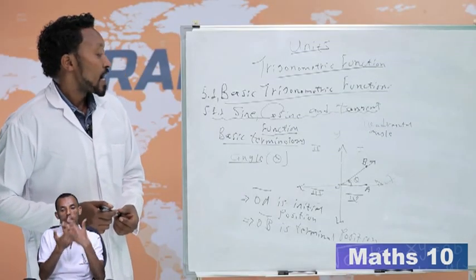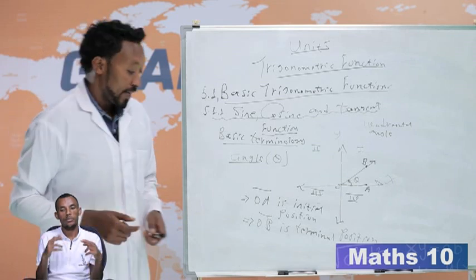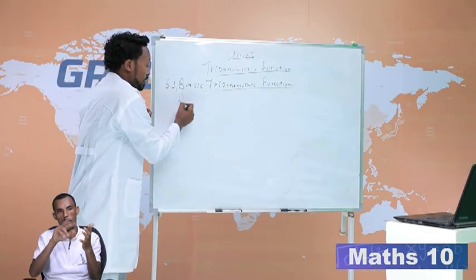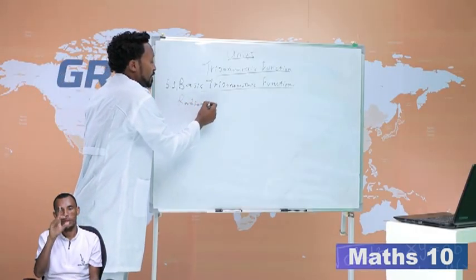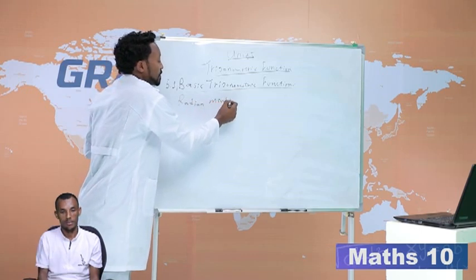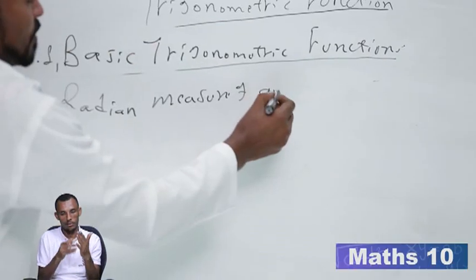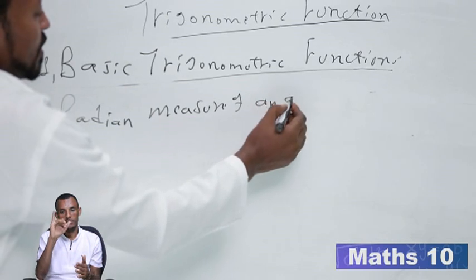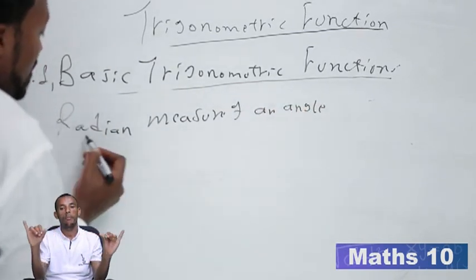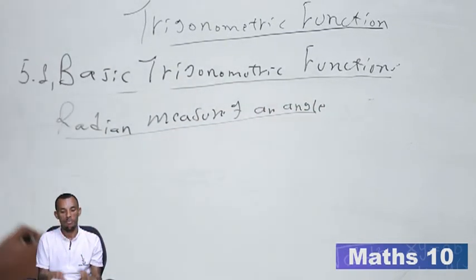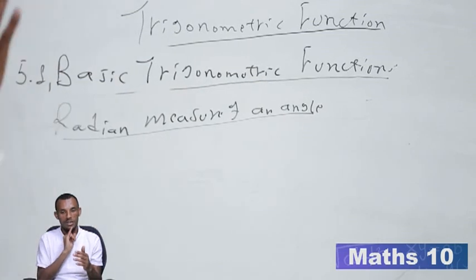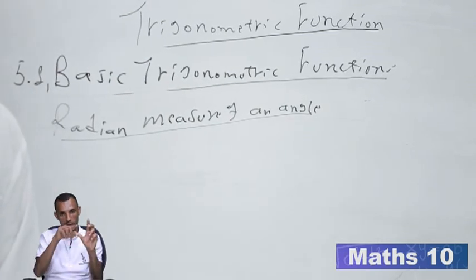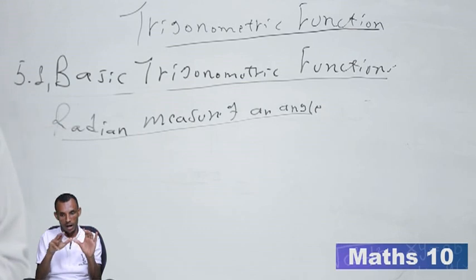what radian measure of an angle means. An angle is measured in radian or in degree.